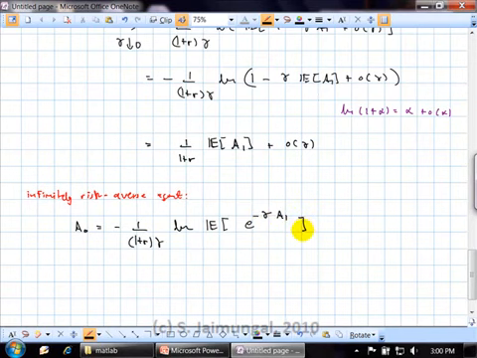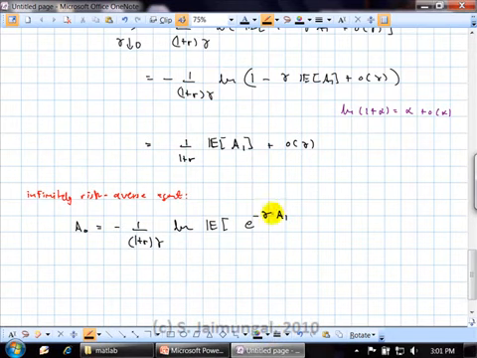I just copied it over. What I'm going to do is, okay, this is something that's bigger than or equal to AD. So I'm going to add and subtract AD up in that exponential, so that what I end up with is a random variable that's greater than or equal to 0.